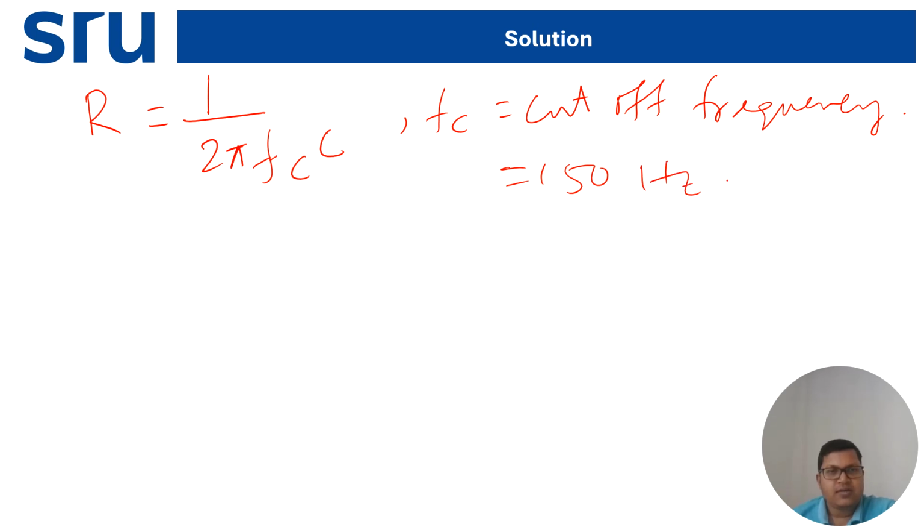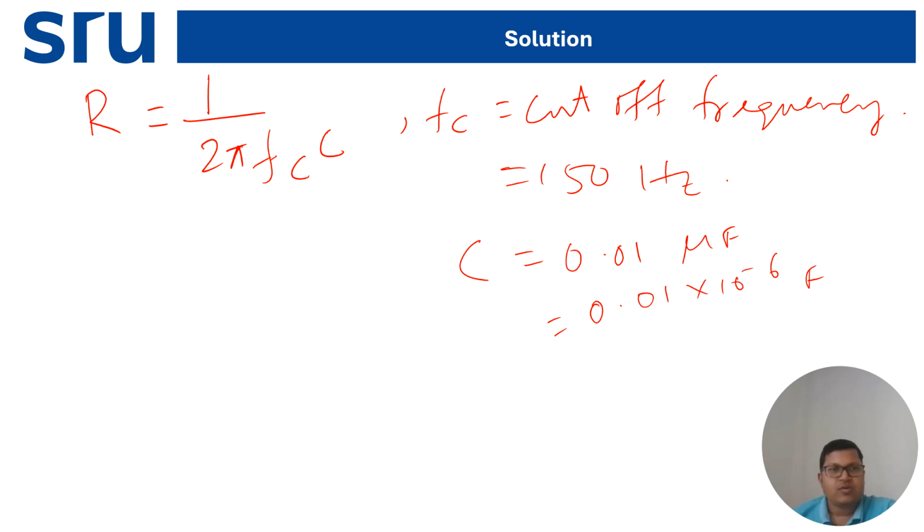The value of C is also given. C is equal to 0.01 microfarad, that means 0.01 into 10 to the power minus 6 farad.